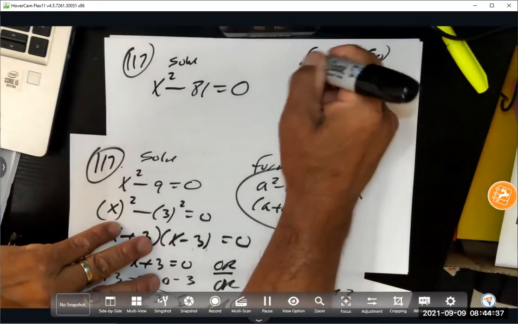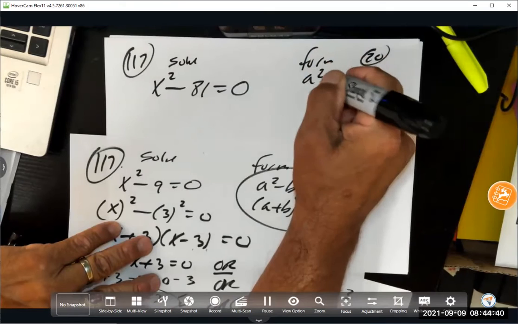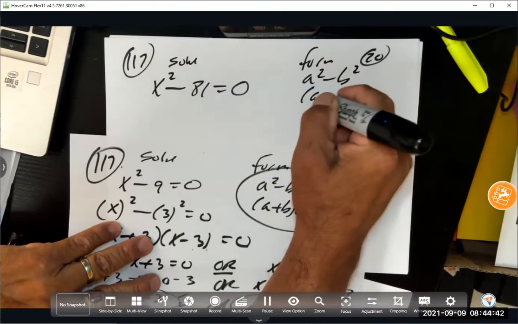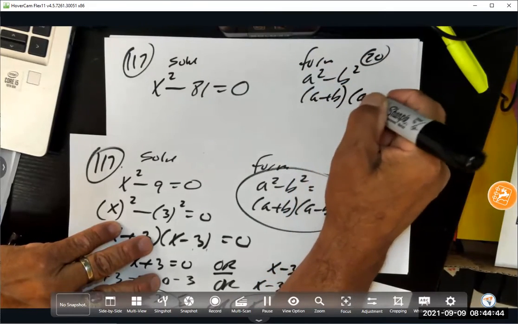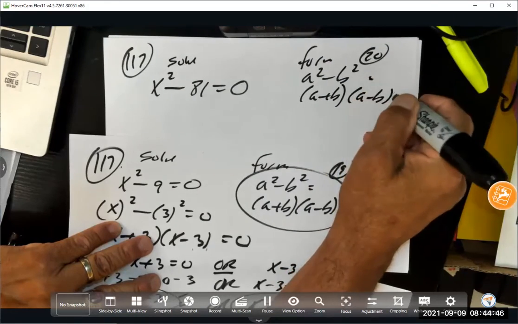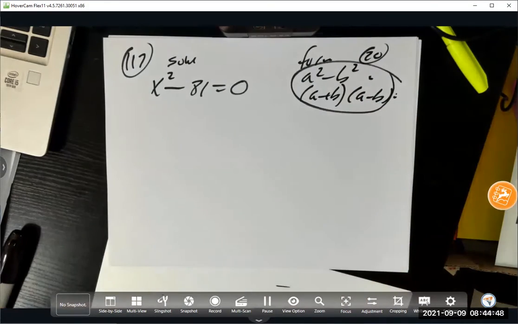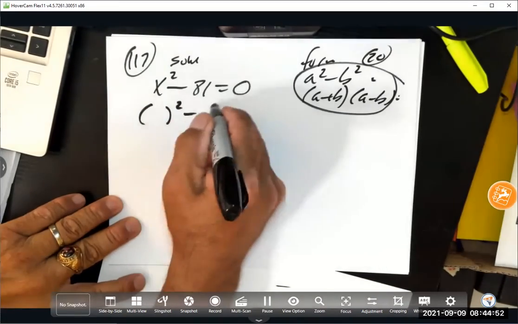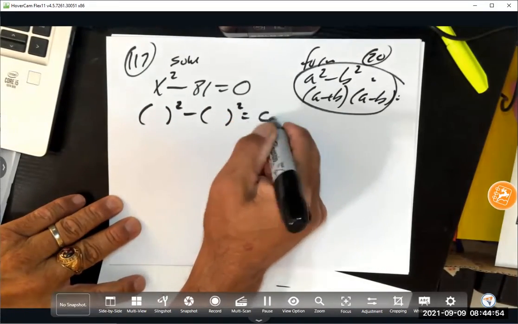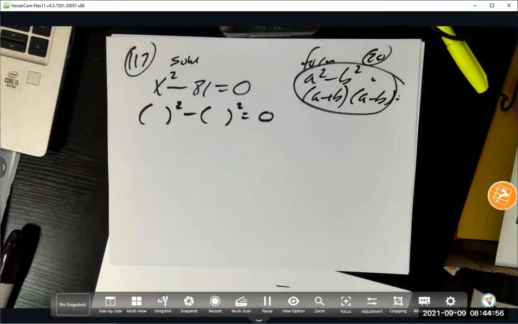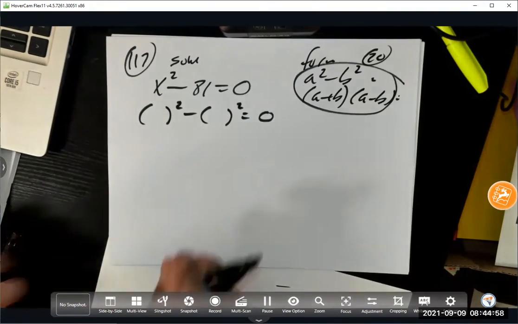So I'm going to use this formula. A squared minus b squared is a plus b, a minus b. There you go. So now, what goes there and what goes there? You tell me. What goes in the first block? What goes there?